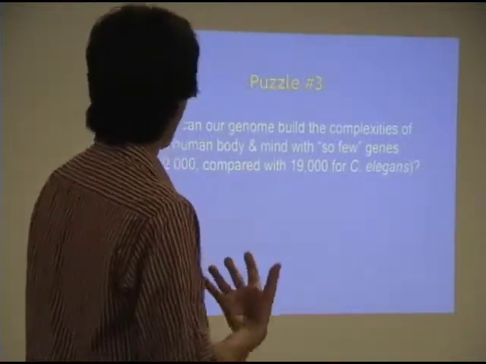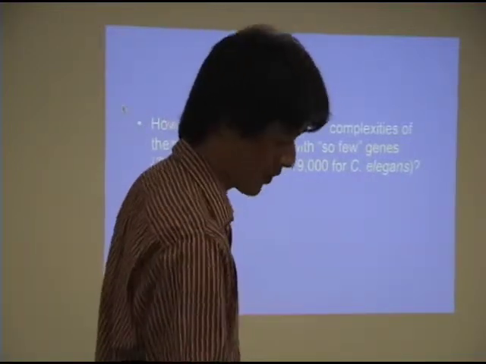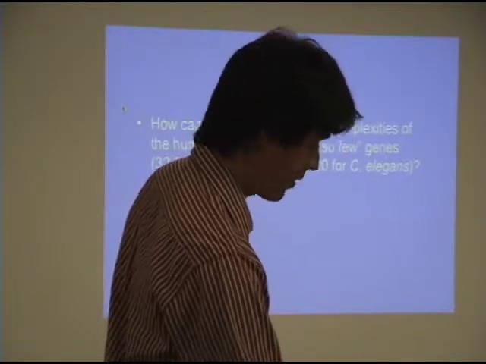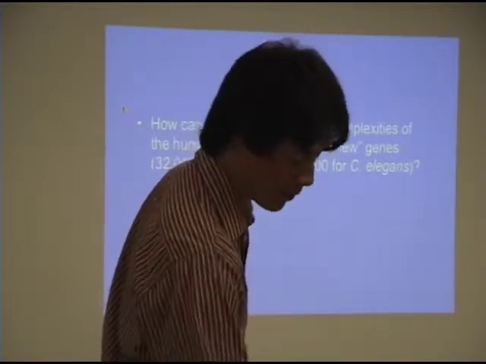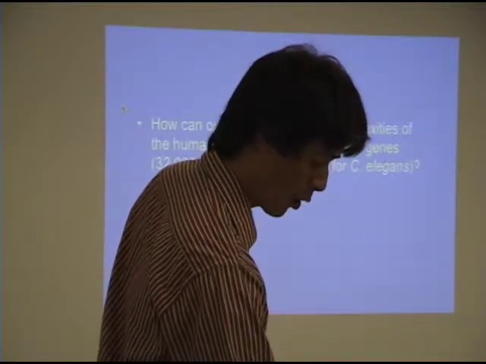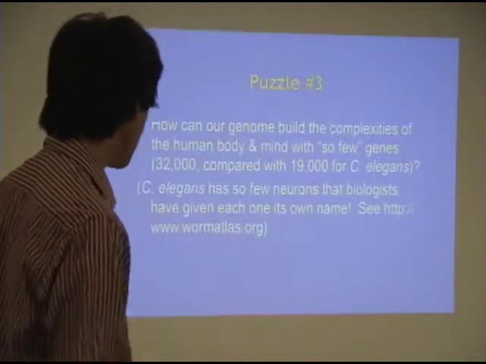So, what is it that actually is giving rise to what we perceive as a much higher level of complexity, for example, in our mental functions, than would be implied by the relatively modest difference in the number of genes, maybe on the order of 40 or 50%.